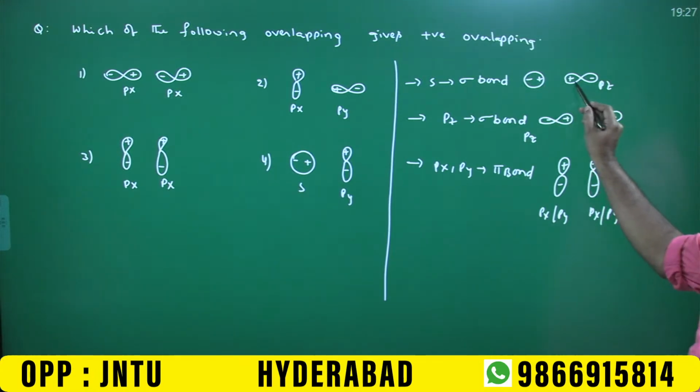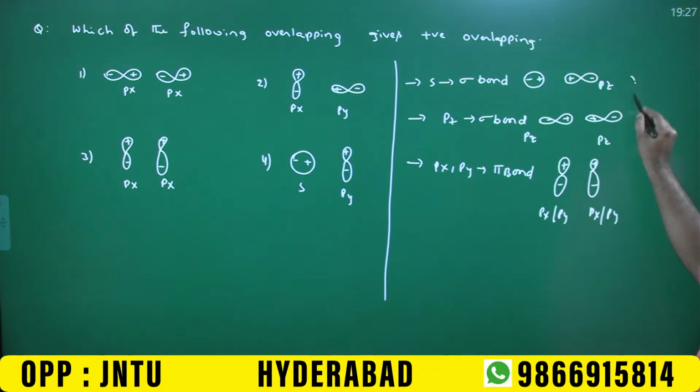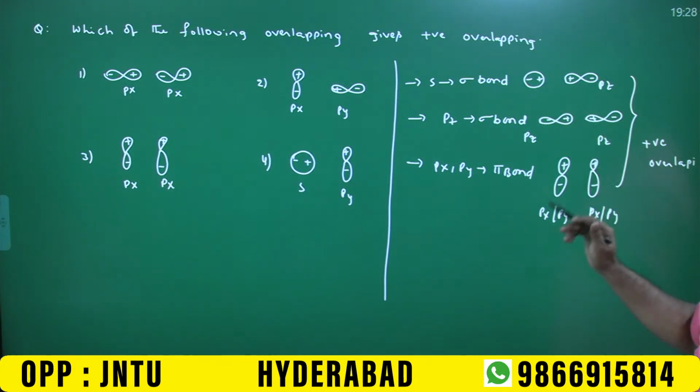If both parts are similar charges, plus plus, this kind of overlapping represents positive overlapping. If the signs are different, that is going to give negative overlapping.